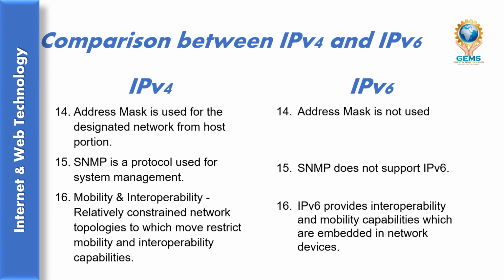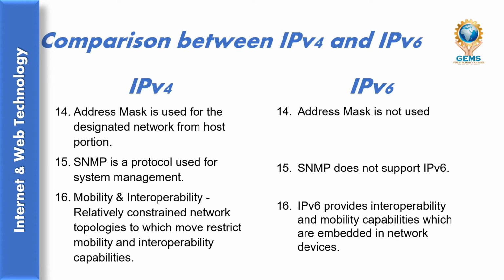In IPv4, the address mask is used to designate the network from the host portion. In IPv6, the address mask is not used. In IPv4, SNMP is a protocol that is used for system management, simple network management protocol.